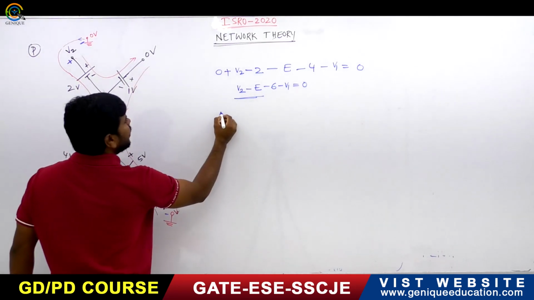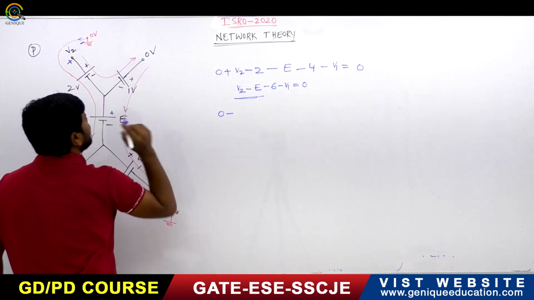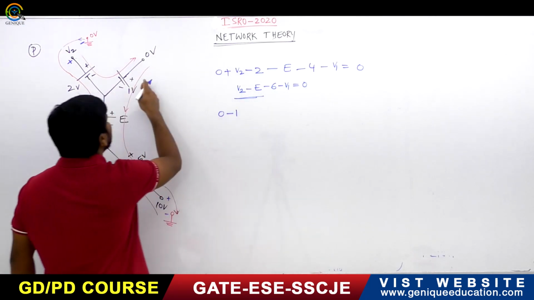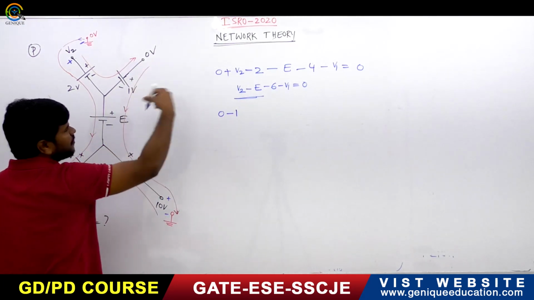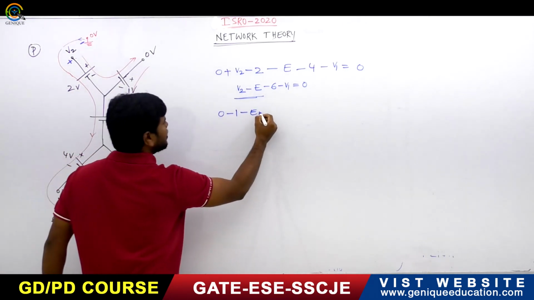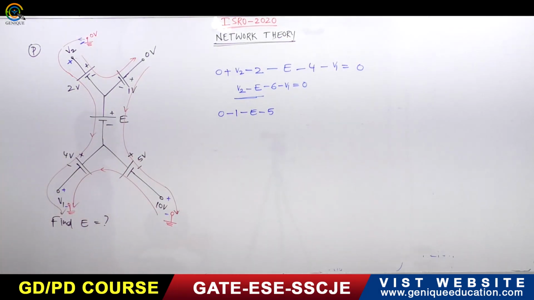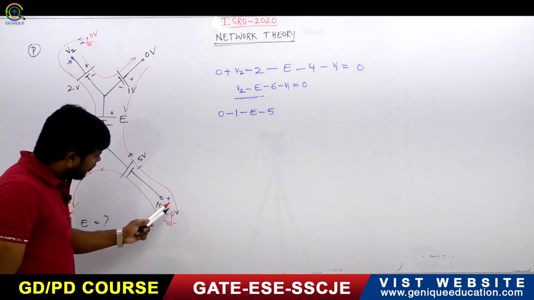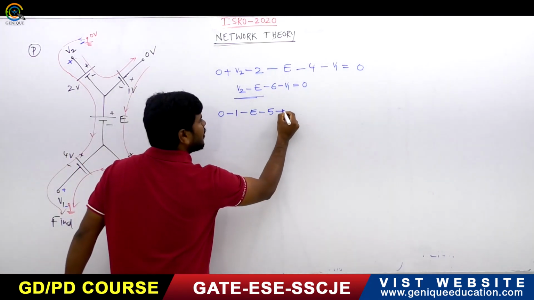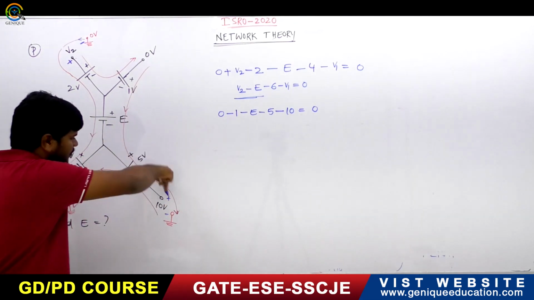So it is 0. What is this? It is minus 1 volt, and next one is minus E, and next one is minus 5. Next one, if it is minus 5, what is this? It is minus 10 is equals to 0. All are having positives.